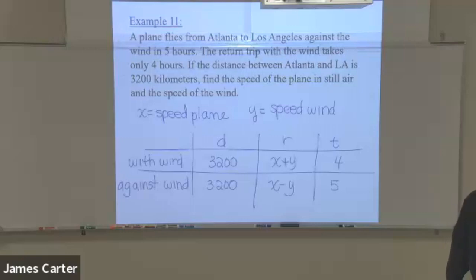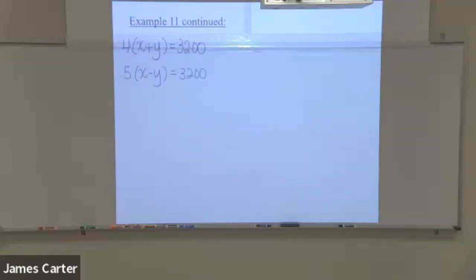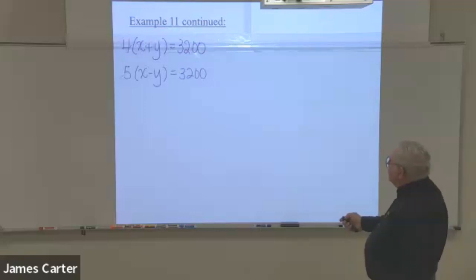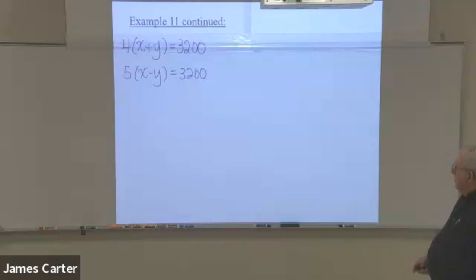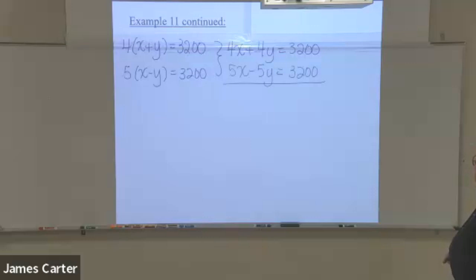Well, this gives us two formulas, two equations. What is this? D equals RT in both cases. Except this one is the giveth and that's the taketh. So we simplify those by distributing, and they become that. And we can, at this point, either solve by substitution or by addition.